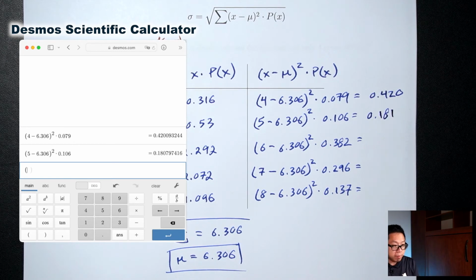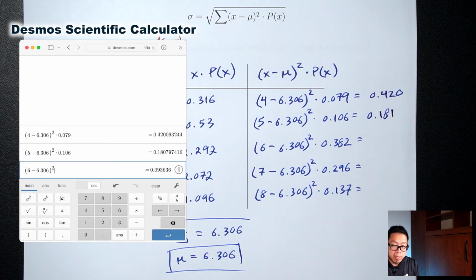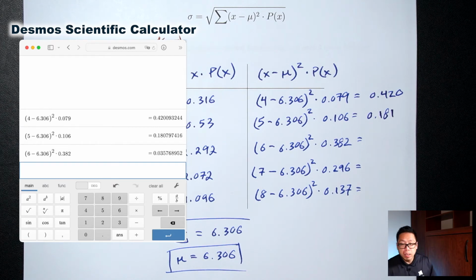Next, 6 minus 6.306, close parentheses, square it, times 0.382, which is 0.036.